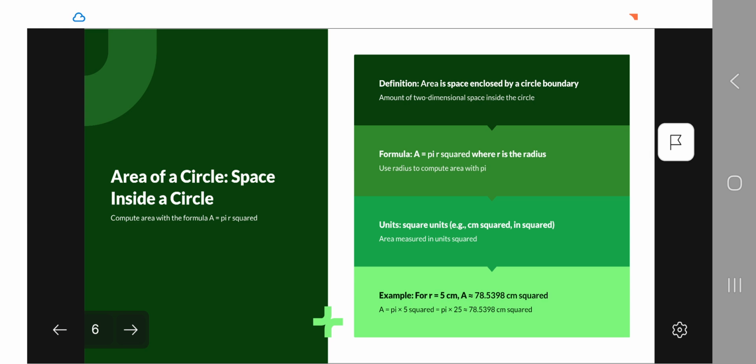So, the definition: area is the space enclosed by a circle boundary. It's the amount of two-dimensional space inside the circle. The formula is A equals pi r squared, where r is the radius. So use radius to compute area with pi.